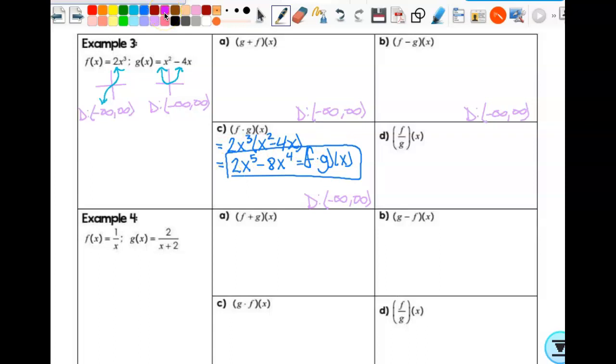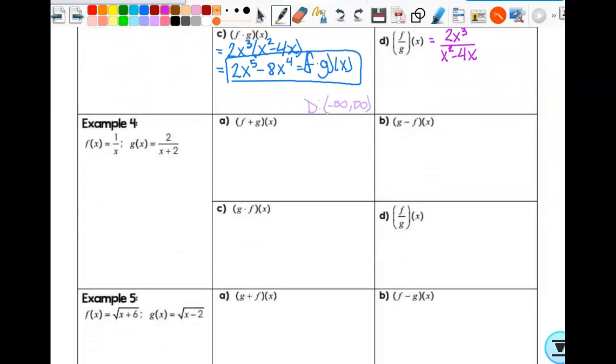Okay. Now we're dividing f over g of x. So this is 2x cubed over x squared minus 4x. Can I cancel anything out at this step? No, because I have more than one term and I have nothing factored out. There's nothing I can do right now. But I can factor out a GCF in the denominator.